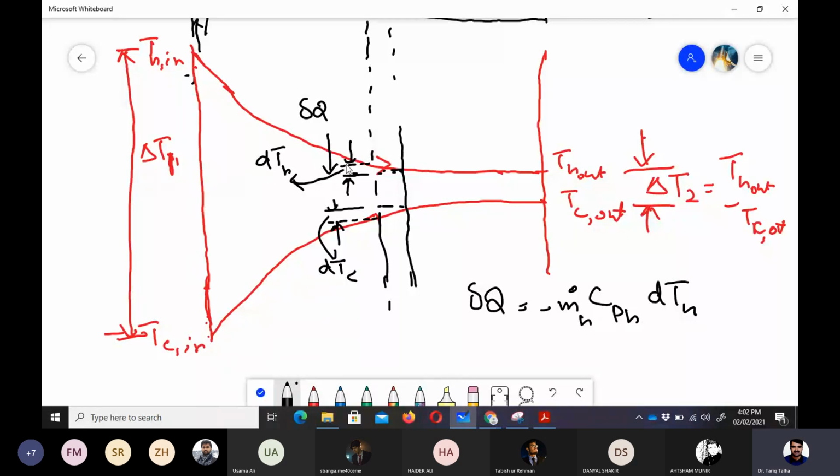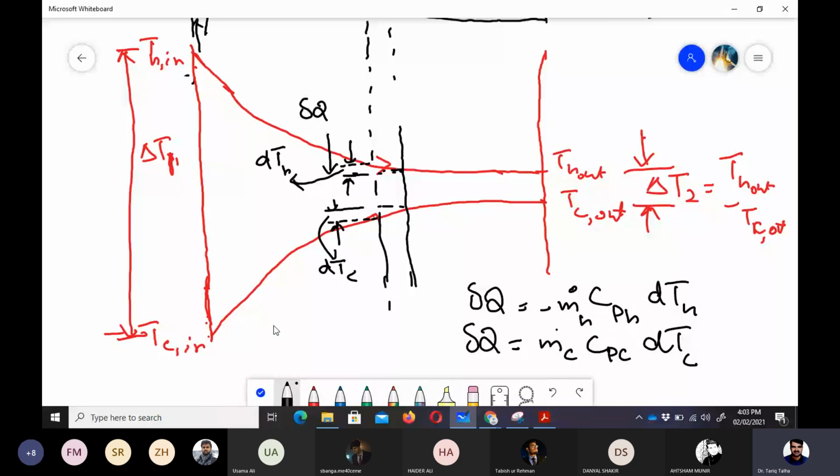Because dT_h is a negative value, so negative times negative makes delta Q positive. Similarly, delta Q can be written in terms of the cold fluid, because all the heat given by the hot fluid is gained by the cold fluid. That would be m dot c into Cp_c into dT_c, where dT_c is the outlet minus inlet temperature difference for this segment.